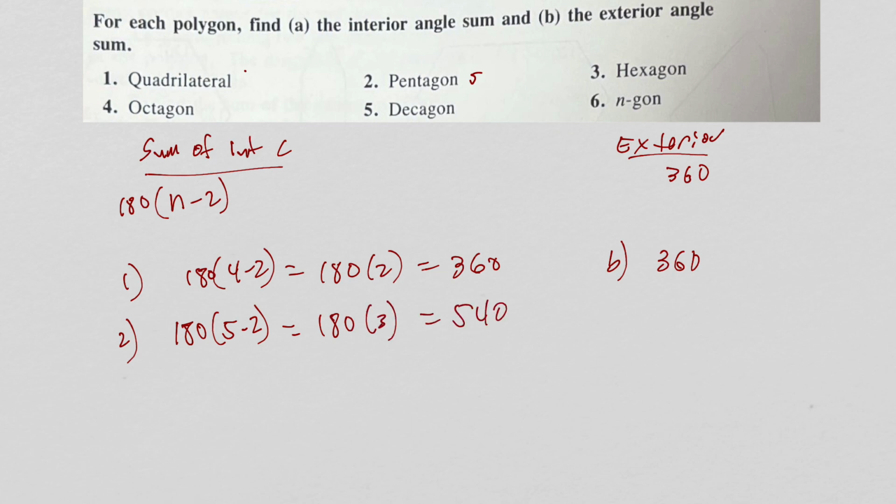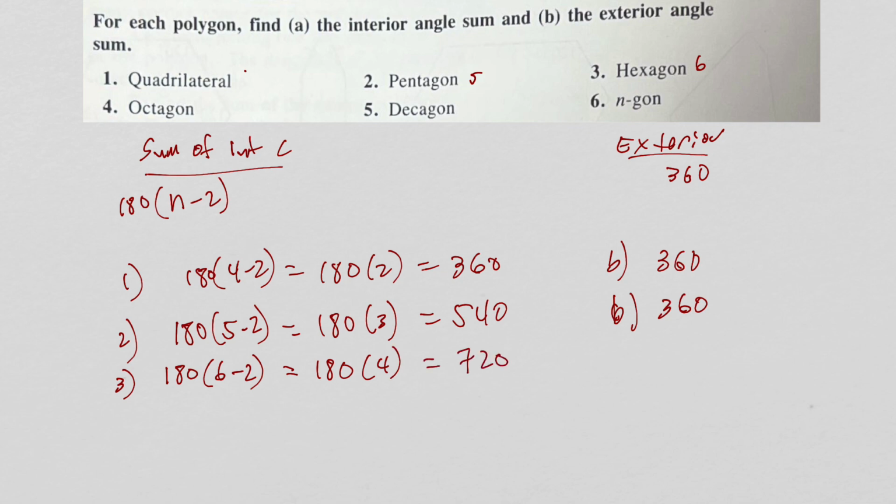That's the sum of the interior angles, and the exterior would be 360. Number 3, a hexagon has 6 sides, so 180 times (6 − 2) is 180 times 4, which is 720, but the exterior sum is also always 360.